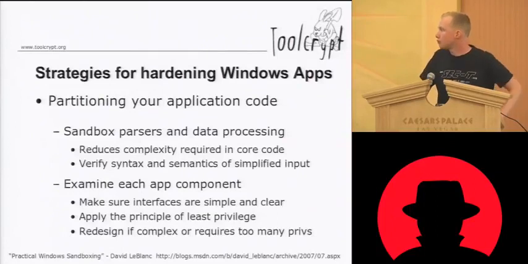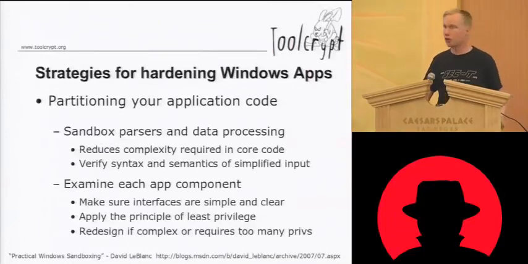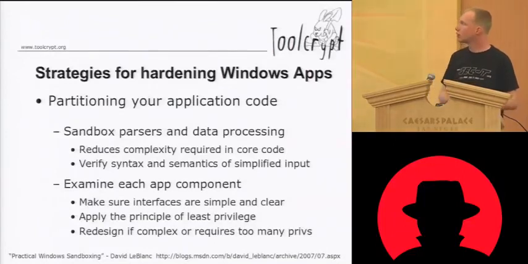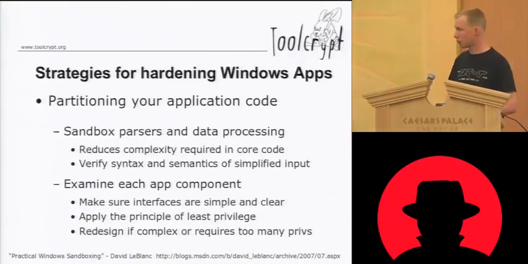Also, when you're looking at these components, these interfaces should be a part of your threat modeling if you haven't already done it. Make sure that they're simple and clear, that they're non-ambiguous, that you understand the inputs and outputs and how that relates to other components in the system. And apply the principle of least privilege.